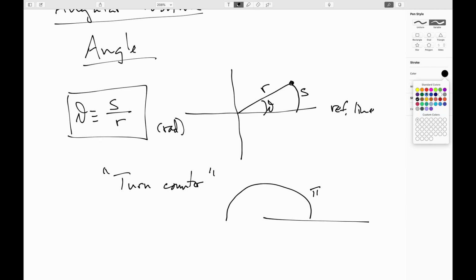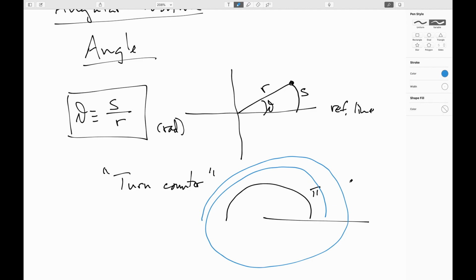And this angle here would be 3 pi radians. So we're keeping count of the fact that the object went through 1.5 turns as opposed to half a turn.